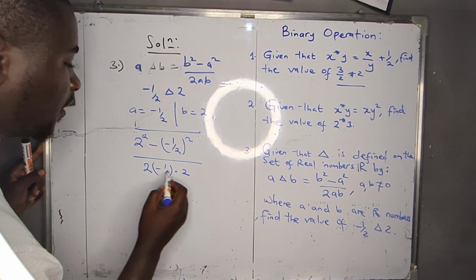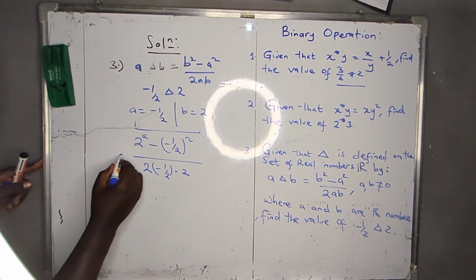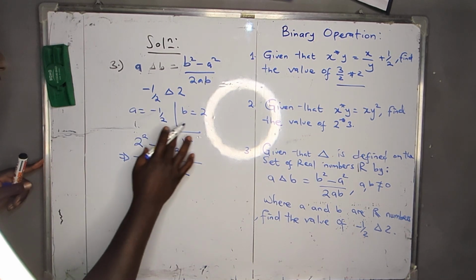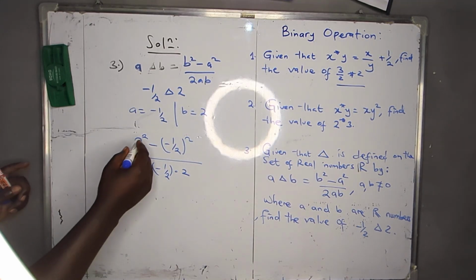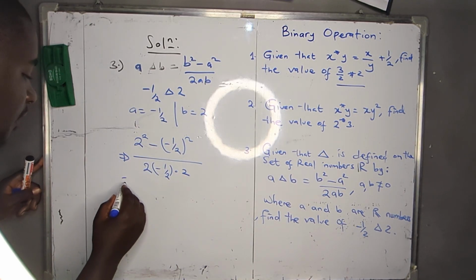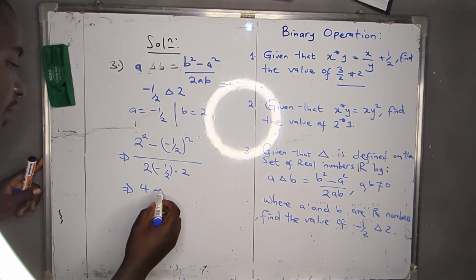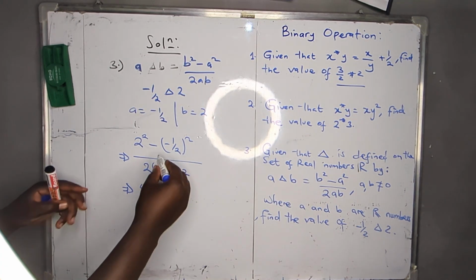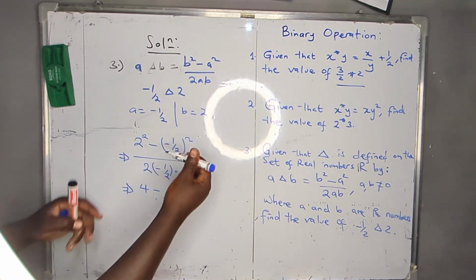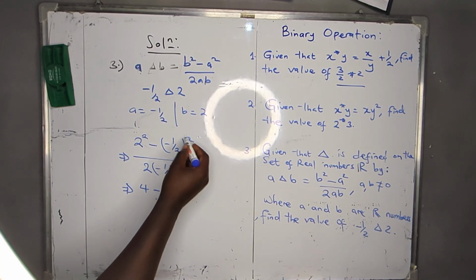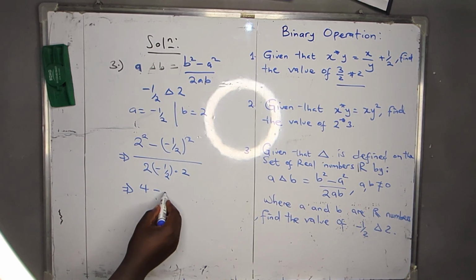Simplifying this further, this is going to give us a 4. So we're getting a 4 minus, and we start with the brackets. Remember BODMAS. Since it's a square, we're getting a positive number.